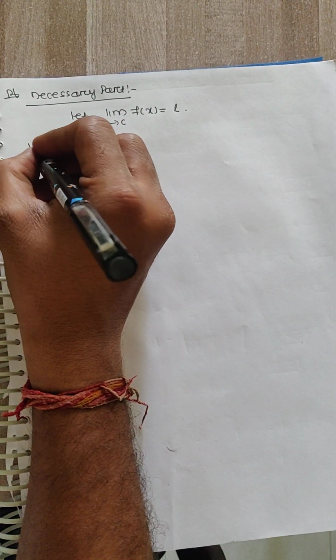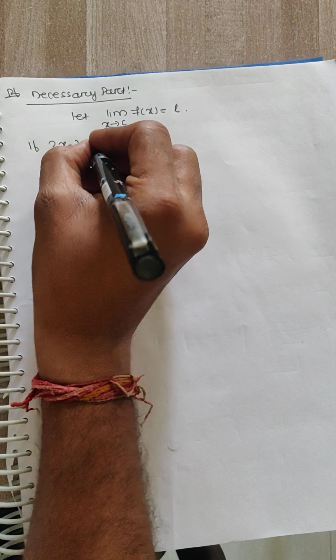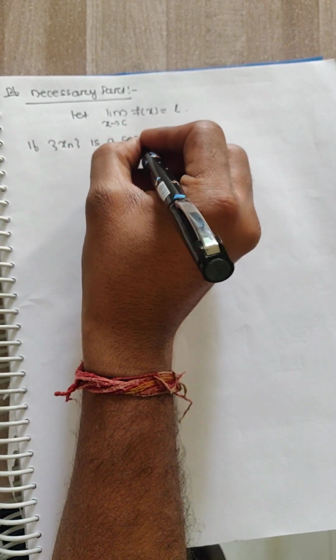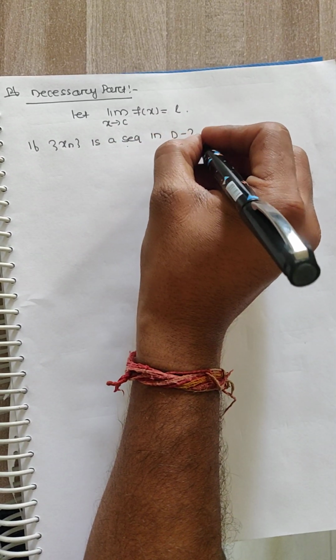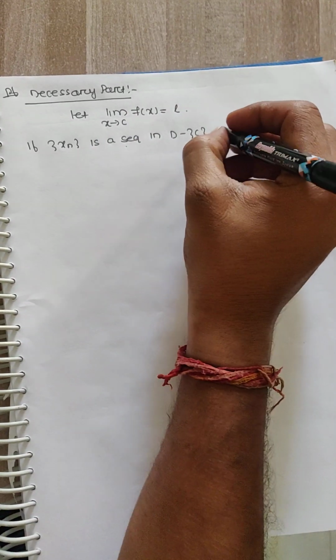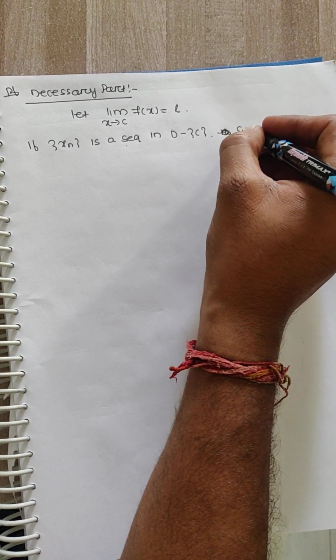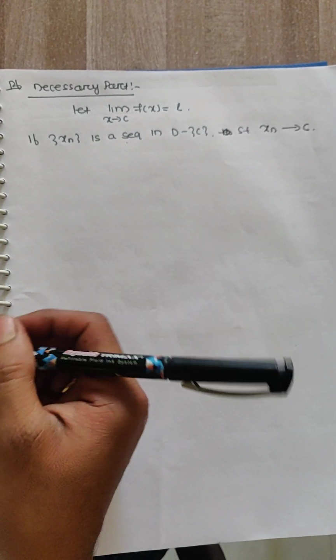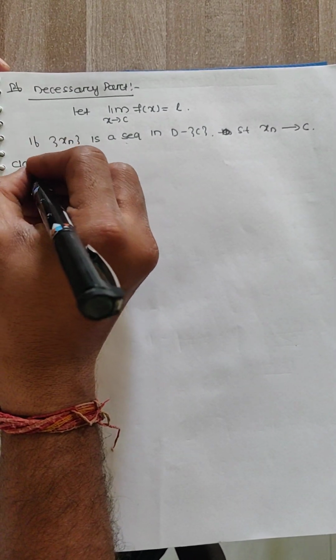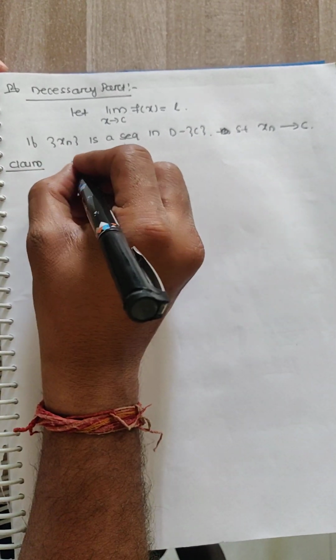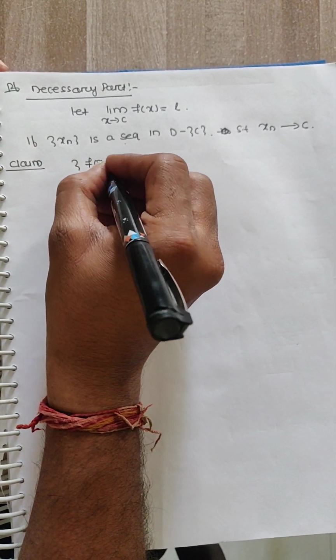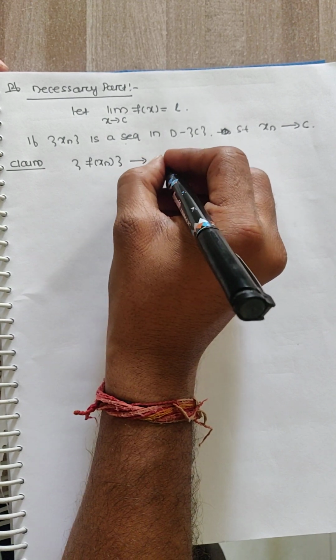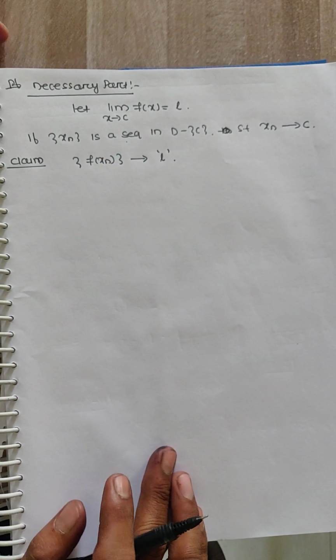Now if we have a sequence xn in D minus c such that xn converges to c, what I have to prove is that the image sequence f of xn also converges to the point L.